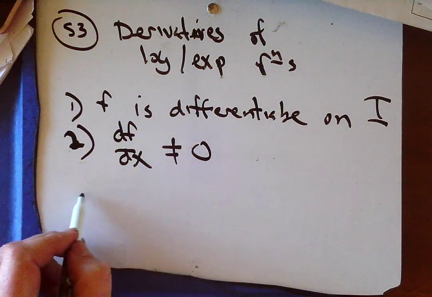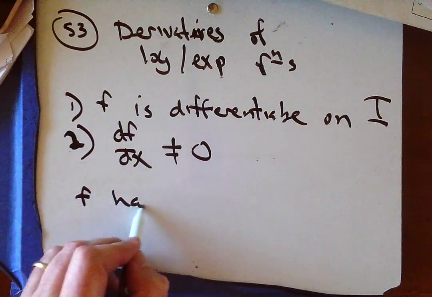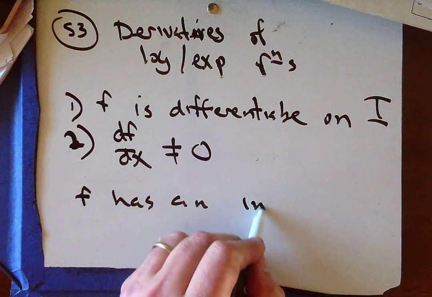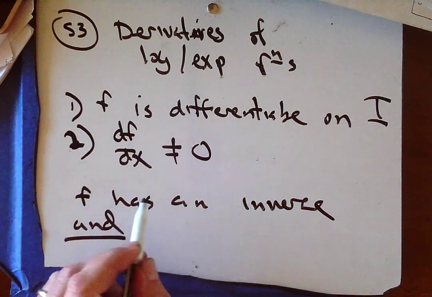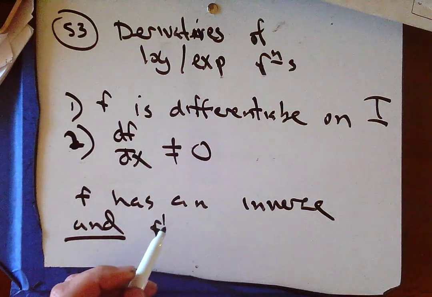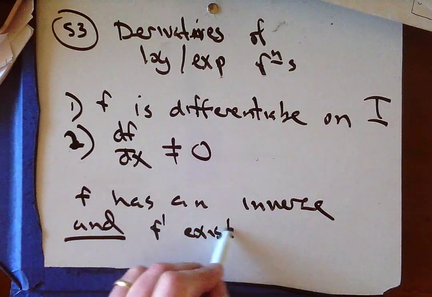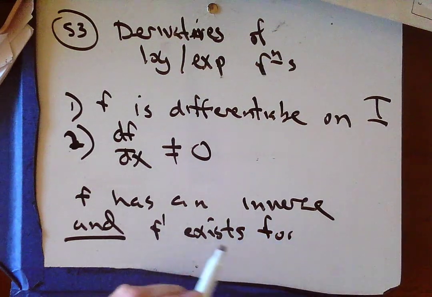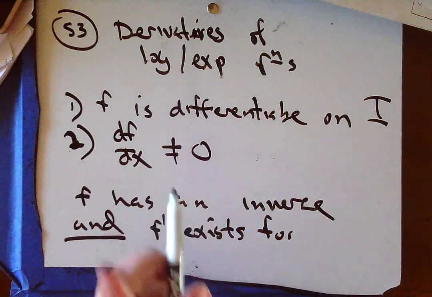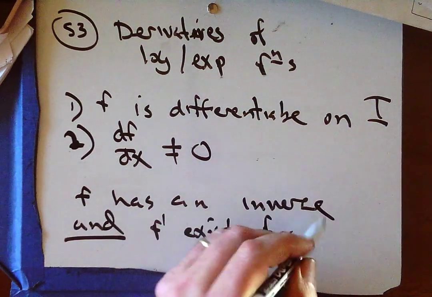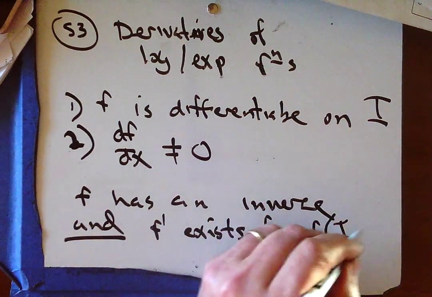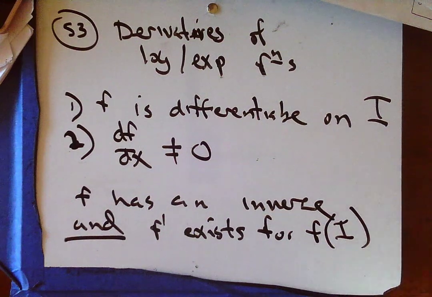You know that f has an inverse and f inverse prime exists for, now be careful about this, it's not exists on that interval, it's the function evaluated on that interval.